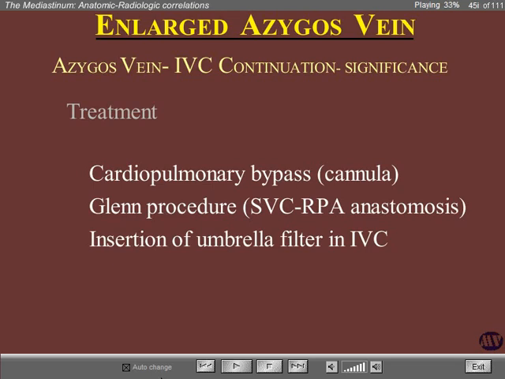When performing a Glenn procedure, which is the anastomosis of the superior vena cava to the right pulmonary artery, and this is done whenever there is a congenital obstruction to pulmonary blood flow at the level of the valve or beyond the valve, the presence of a large azygos arch can pose technical problems. Also, when trying to insert an umbrella filter from the jugular vein down into the inferior vena cava, if there is no inferior vena cava, then this technique will be impossible.